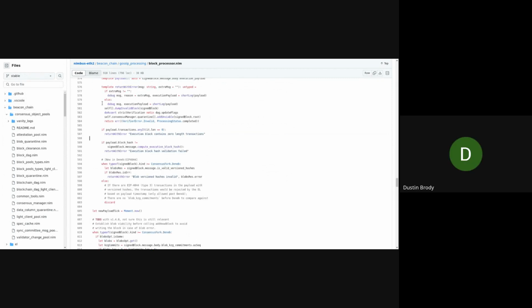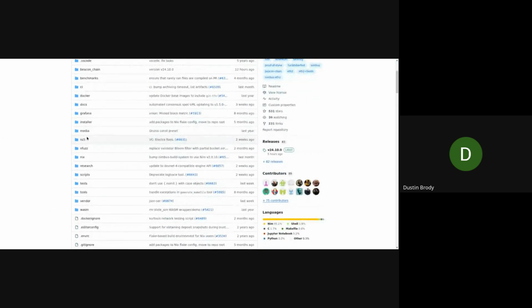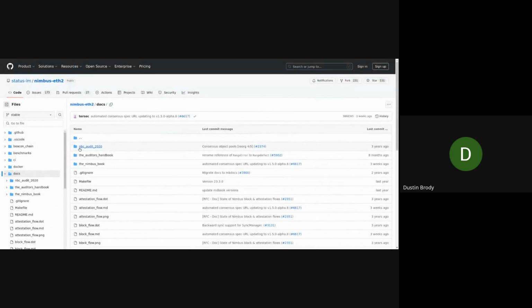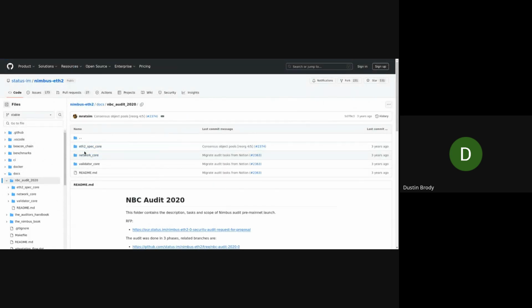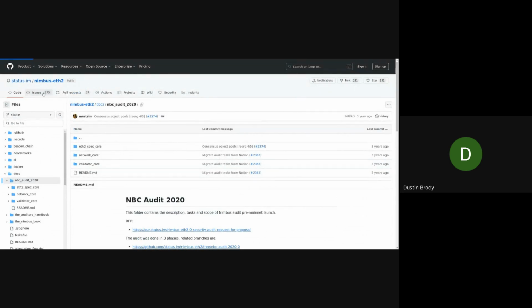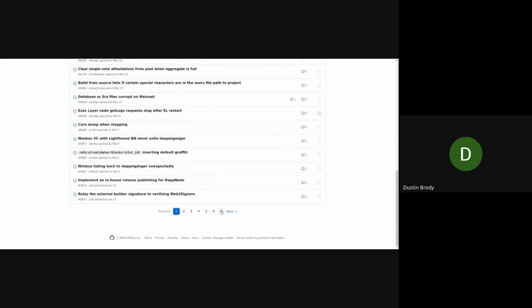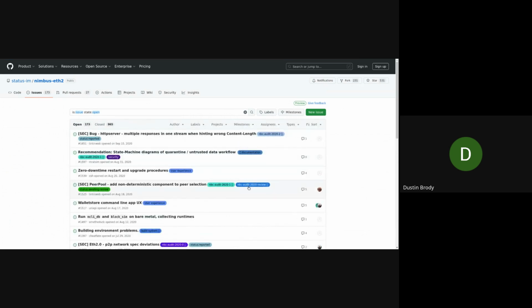Sure, absolutely. So the answer is yes, but an ancient amount of time ago in blockchain terms, 2020, I want to say. This is all in the repo here. So if we look at the NBC audit, there was an audit, and in terms of what issues were found, the way we did the audit was we had them file issues in our GitHub, so they are still there.